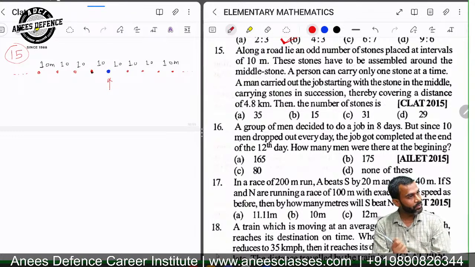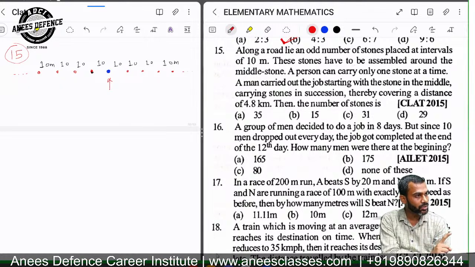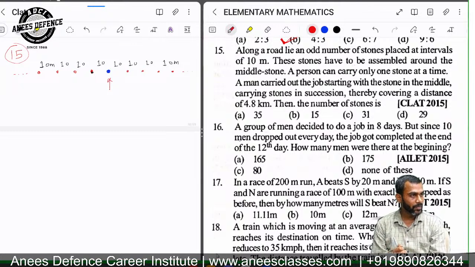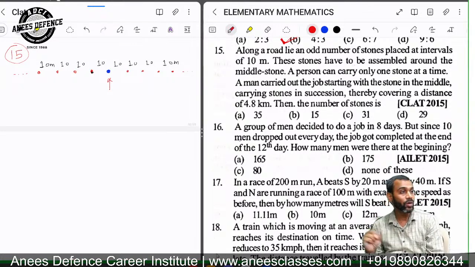He has to first collect the first stone and keep it at the middle point, and then he has to go back to take the second stone and then come back. So he has to take every stone one by one. Are you getting my point? Because he cannot carry more than one stone at a time.